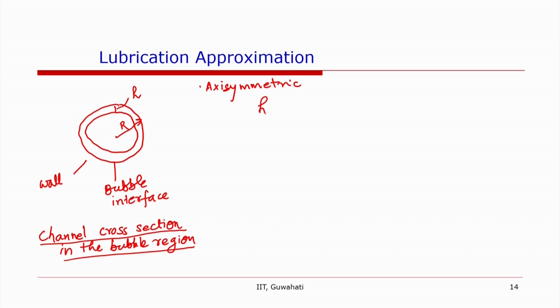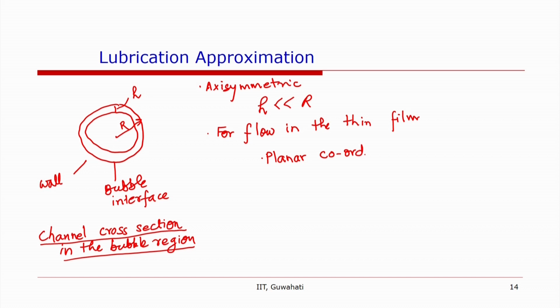So when h is very less than r, then for flow in the thin film, we can use a planar coordinate system.